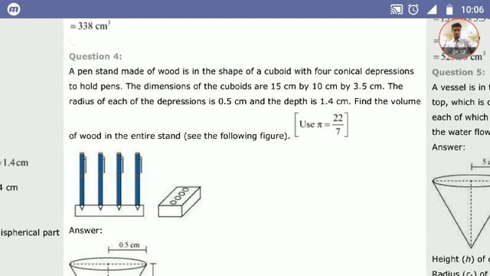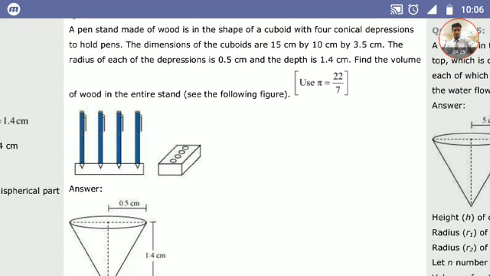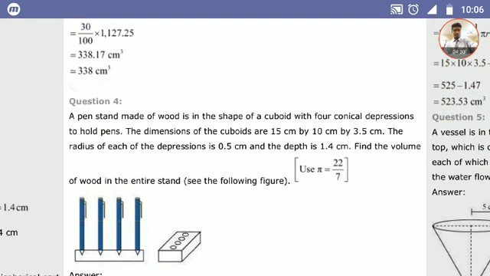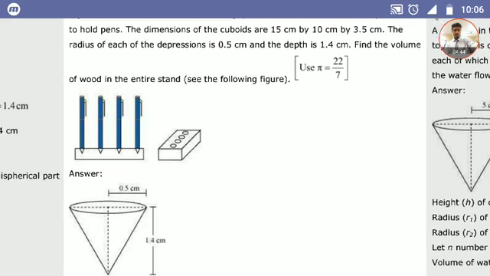Moving on to question number 4: a pen stand, they have told you, is in the shape of a cuboid with four conical depressions to hold a pen. You can see it's a conical depression to hold a pen. Now the dimensions are given to you. The dimensions of the cuboid are 15 by 10 by, this is length, breadth and height respectively, and the depression radius is 0.5 centimeter, and the depth is 1.4.